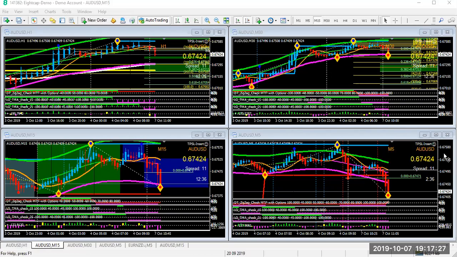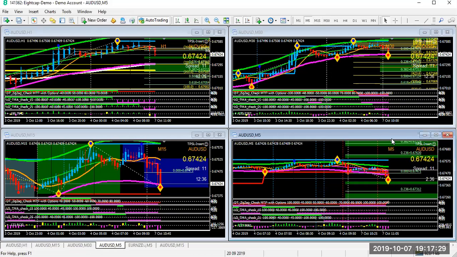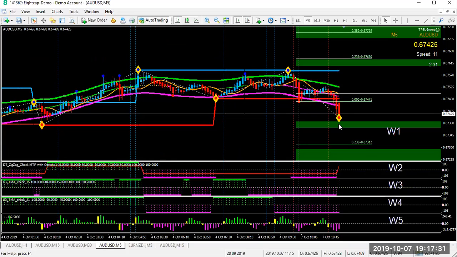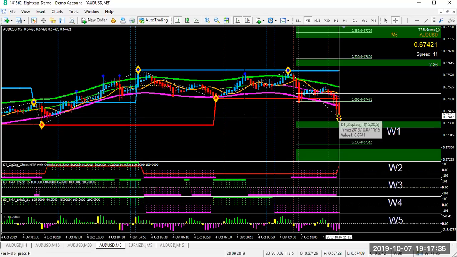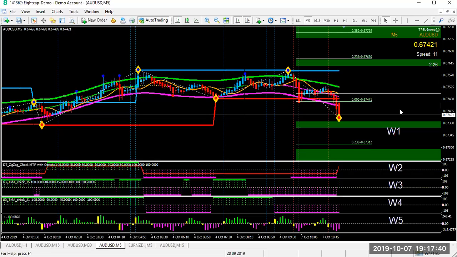We can follow that to see when it achieves that, but with the momentum there, price has really only got 1 or 2 pips to achieve that.